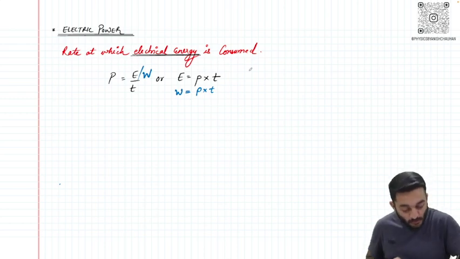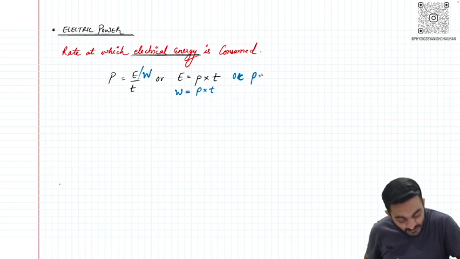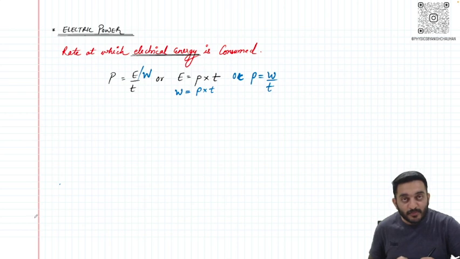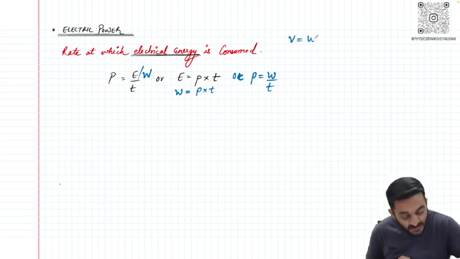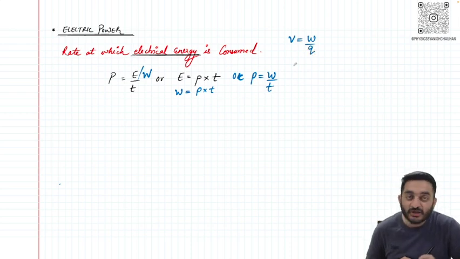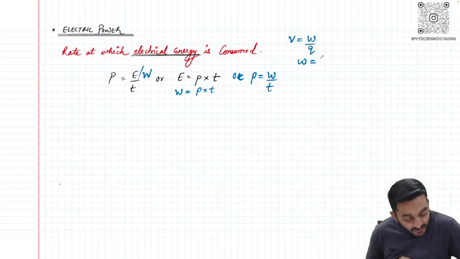But what I want you to understand here is that when I write power is equal to work done upon time, I have seen in the previous module that voltage is work done on a charge. Now this work done can be written as VQ.